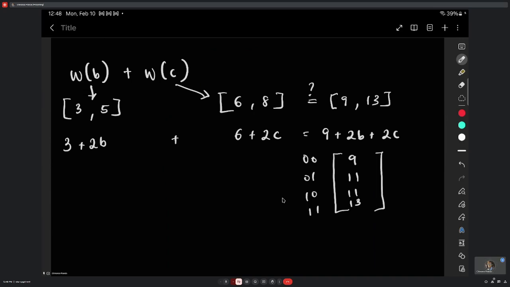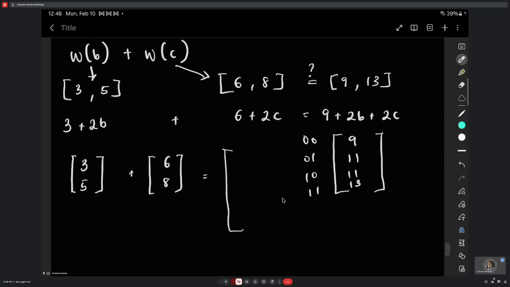So this is 3, this is 6. So 6 plus 3 is 9, 8 plus 3, 5 plus 6, 5 plus 8. This is the pattern he saw.